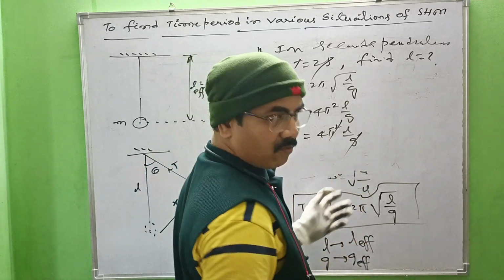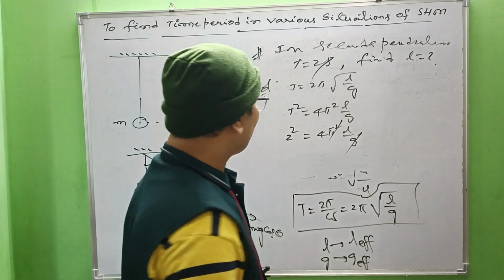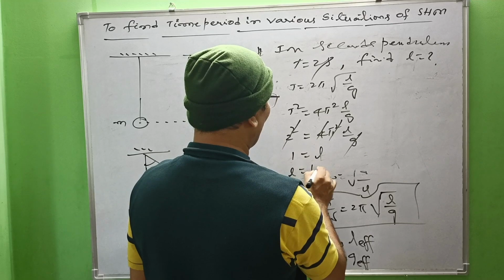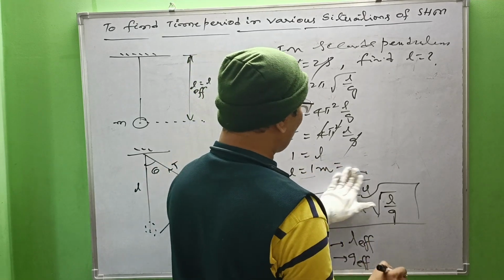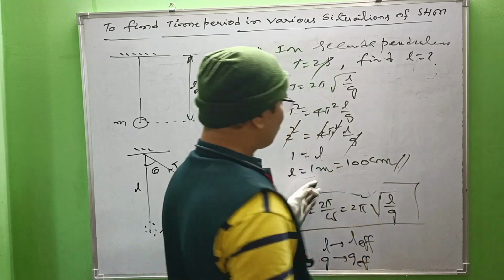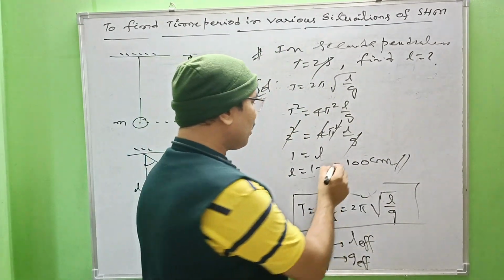Pi means 3.14, on squaring almost equal to g. So pi square and g cancel. 2 square is 4, 4 cancels. 1 equal to L. That is L equal to 1 meter, that is almost 100 centimeter. So the length of the seconds pendulum is 1 meter, otherwise almost equal to 100 centimeter.